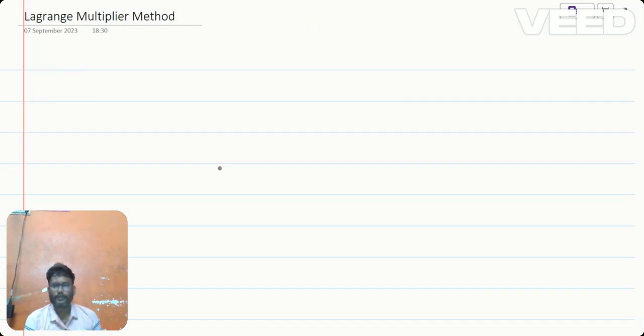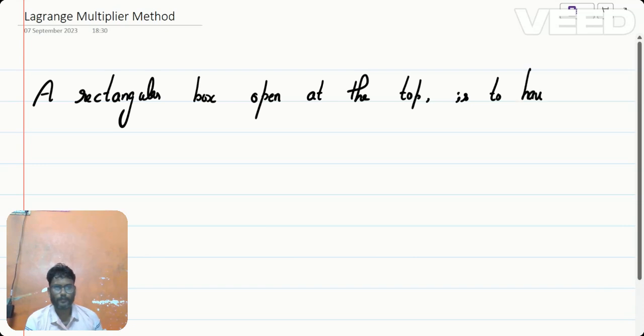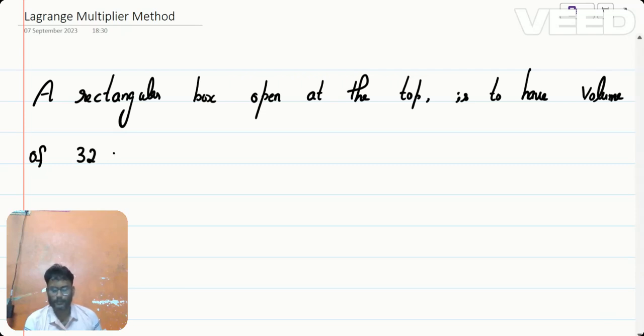A rectangular box open at the top is to have volume of 32 cc.